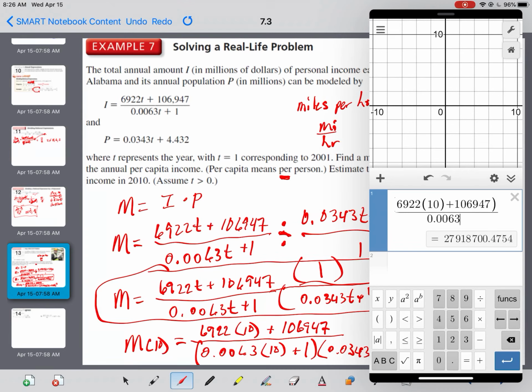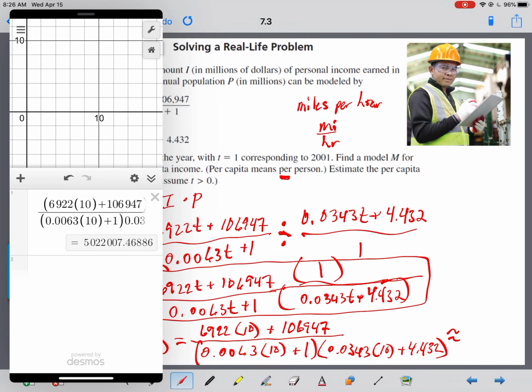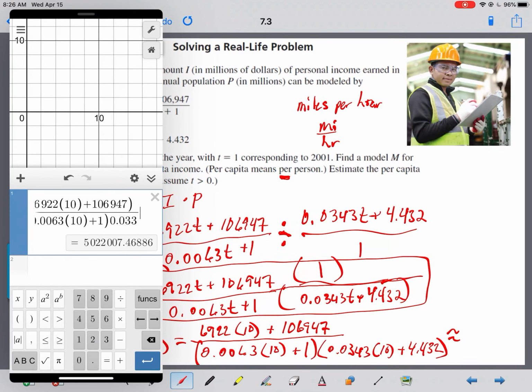And then what we want is that whole thing divided by 0.0063 times 10 plus 1 times 0.0343 times 10 plus 4.432, and hopefully we get about the right number.